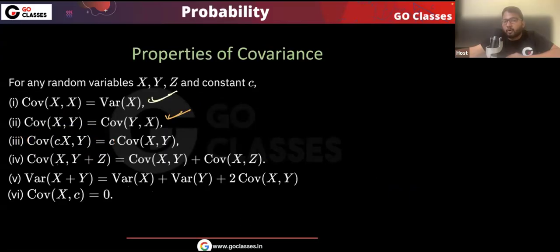Do you remember? It is expectation of xy minus expectation of x into expectation of y. Can you prove this third property quickly? If instead of x you have cx, you take c outside, so from the total you can take c outside. Is the third one okay to prove, or should I prove it?